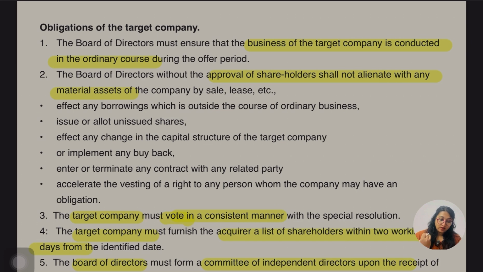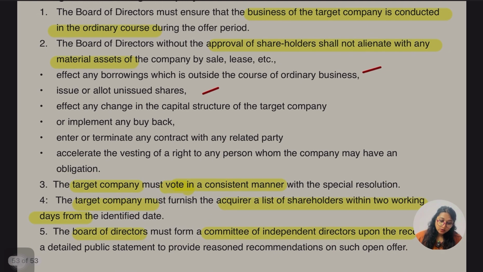So the BOD should know each and everything. No company can go for a sale or lease of any asset. Nor any borrowing which is outside the ordinary course of business, nor issue or allot unissued shares without permission of the BOD. Which BOD? The target company's. Did you understand this much?